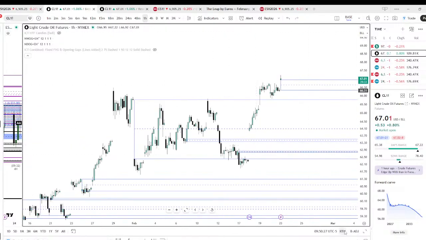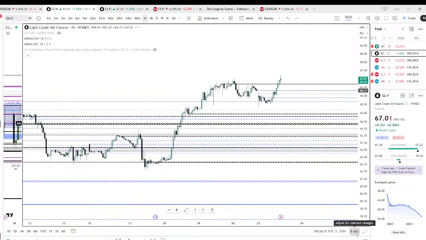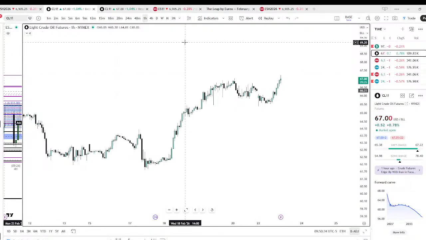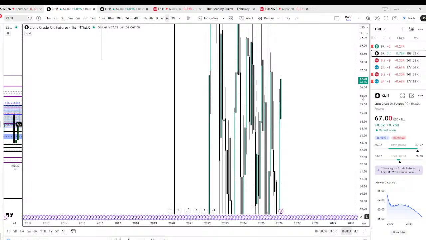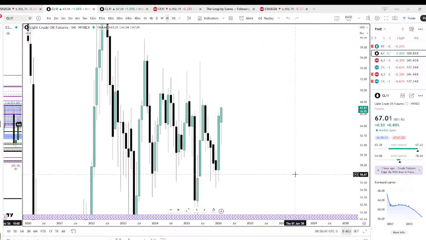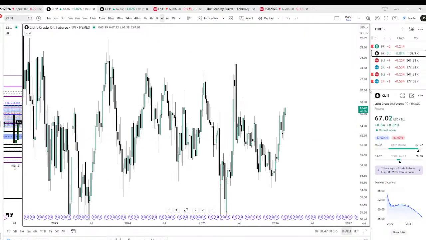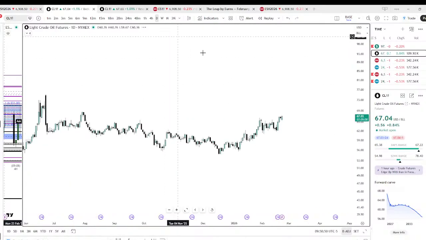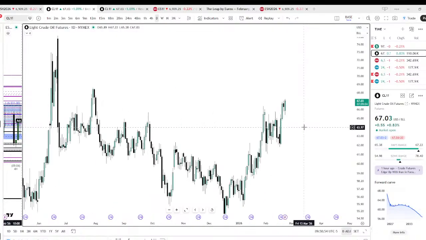A lot of strength here. Let's get rid of this stuff again. What is our weekly? I mean, we could just see oil just tear off, leave kind of that lower gap open down here.